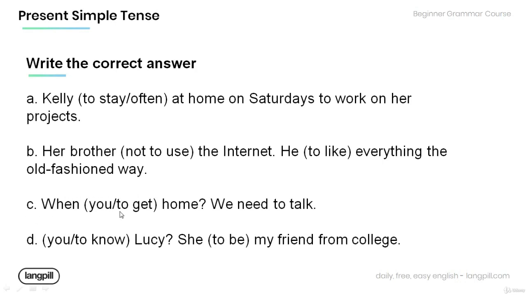C. When you or to get home, we need to talk. D. You or to know, Lucy. She to be my friend from college.